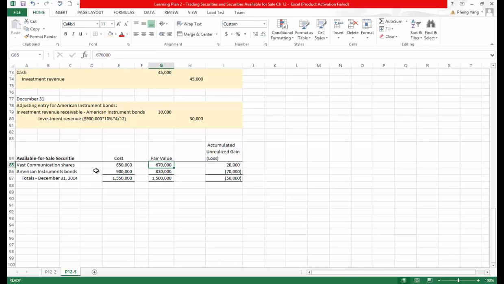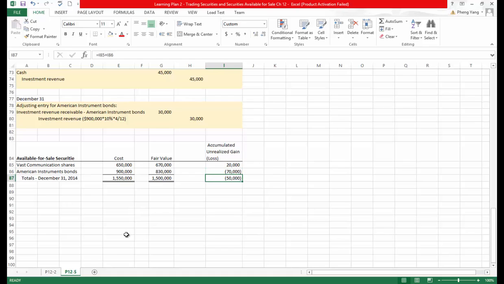The fair value as of December 31st, 2014 is 670,000 for Vast Communications and 830,000 for American Instrument Bonds. The gain we have at 20,000 is for Vast Communications, and there's a loss on the American Instrument Bonds of 70,000. That means we're at 50,000 negative right now.